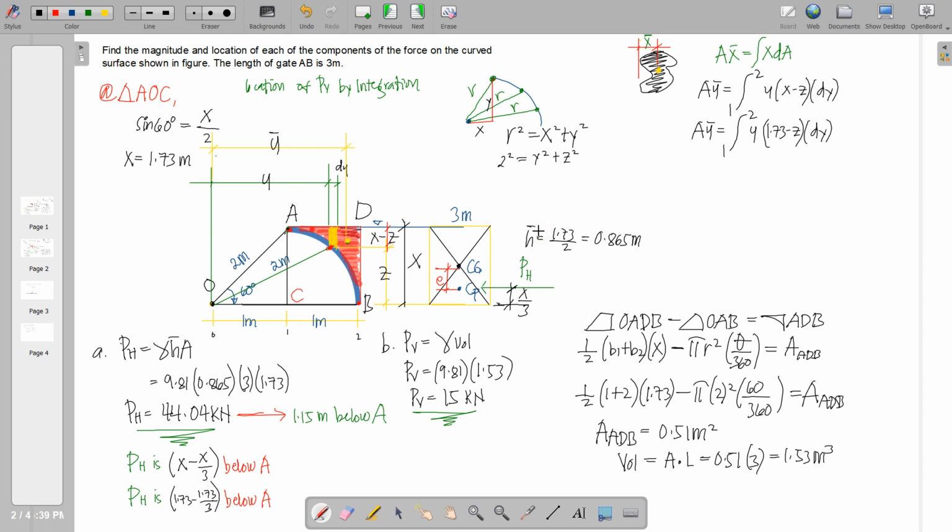We just place it here, and then we solve for z, where z will be equal to the square root of 4 minus y squared.